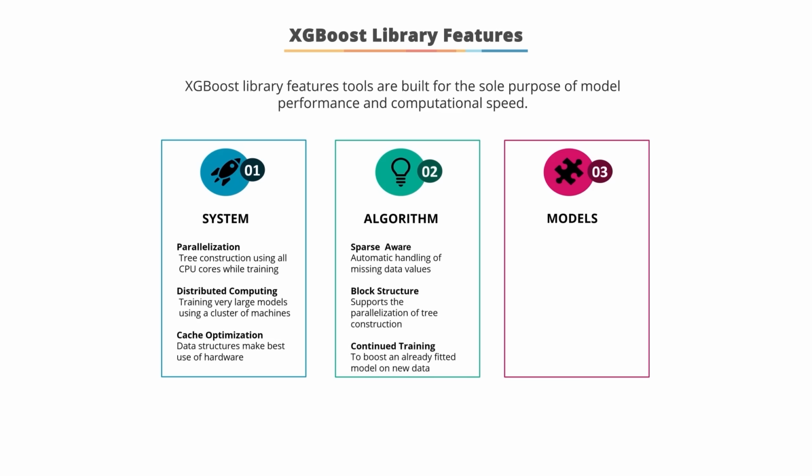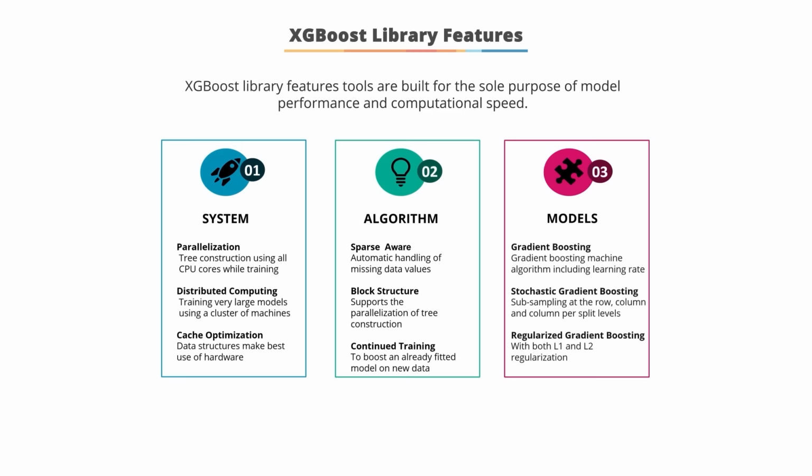Algorithm features are sparse aware. The algorithm behind XGBoost provides automatic handling of missing data values. Block structure: it supports the parallelization of tree construction. Continued training: its algorithm provides continued training in order to boost an already fitted model on new data.